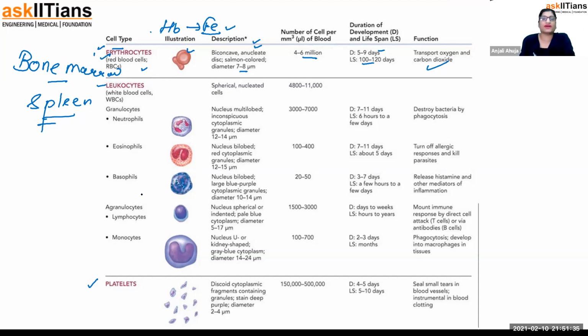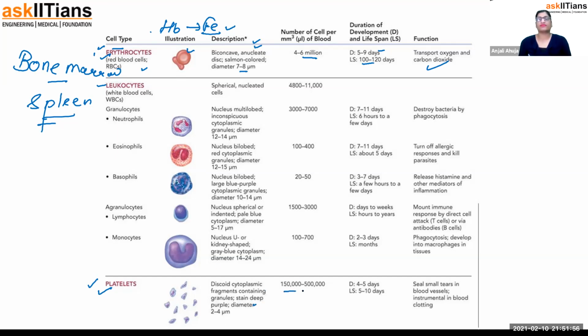Okay, so the next one is platelets. Platelets are the ones which help in blood clotting. This is a discoid cytoplasmic fragment containing granules stained deep purple. Stained, as in when we want to see it under the microscope, it is comparatively transparent, so we use a dye and then we see it. So then the stain is this color. Diameter is this.